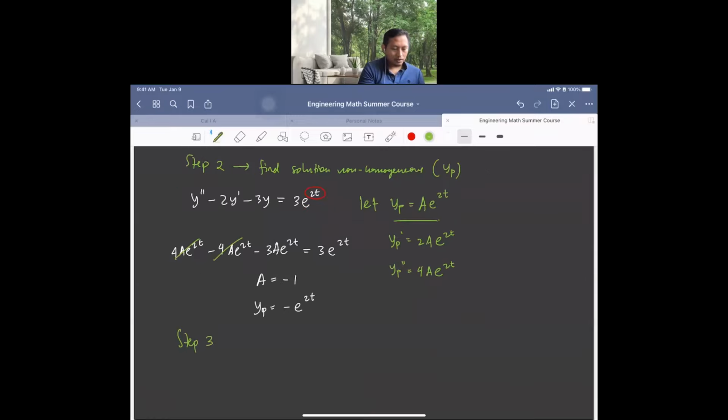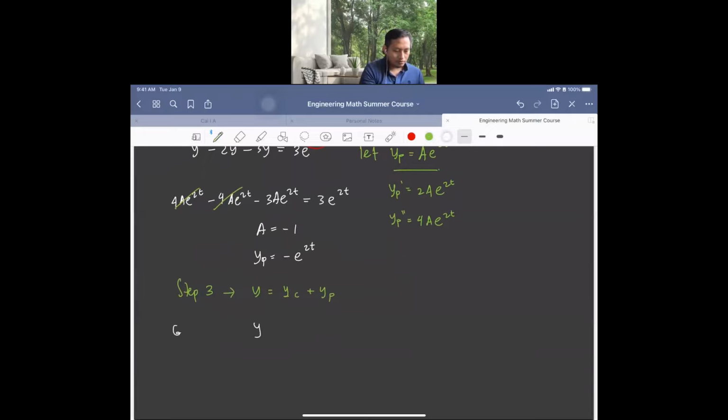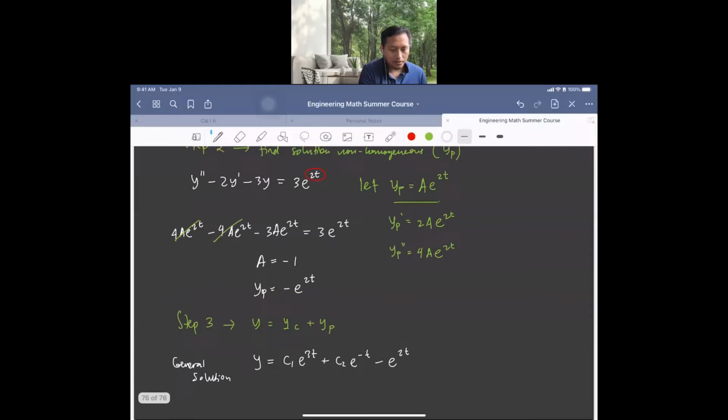Now step 3 is combining. The general solution is yc plus yp. So the general solution is C1 e^3t plus C2 e^-t minus e^2t.